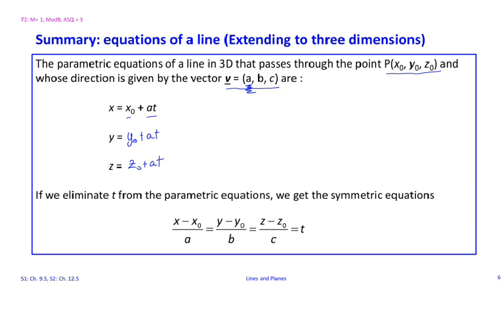You can eliminate the t, and what we get is what is known as the symmetric equation of the line. We eliminate by doing (x minus x0) divided by a is equal to t, (y minus y0) divided by b is equal to t, and (z minus z0) divided by c is equal to t. Of course these are all t, so they're all equal to each other, and this is our symmetric equation of the line.